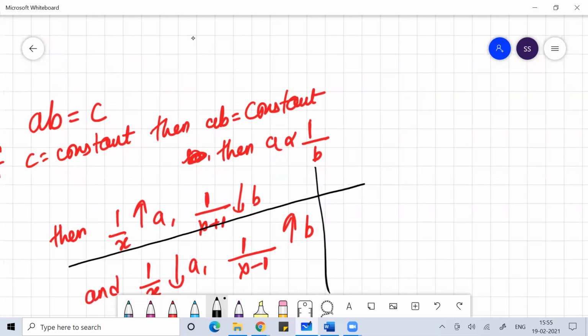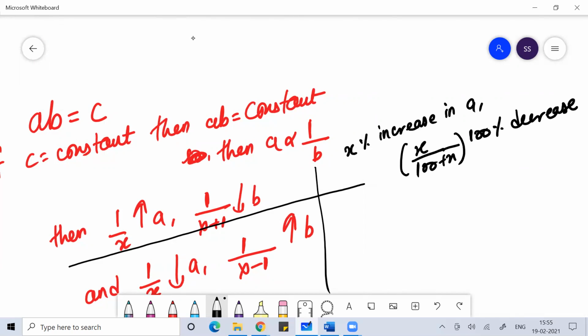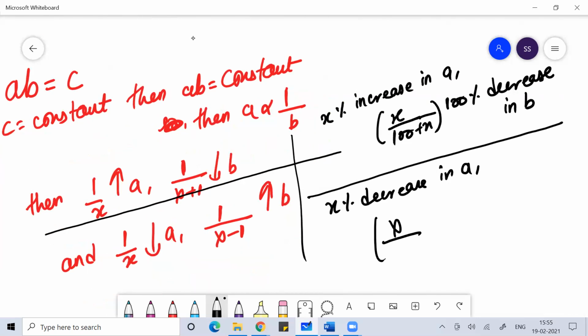What is the other way? x percentage increase in A will bring x by 100 plus x into 100% decrease in B, or x percentage decrease in A will bring x by 100 minus x into 100% increase in B. Clear, everyone?